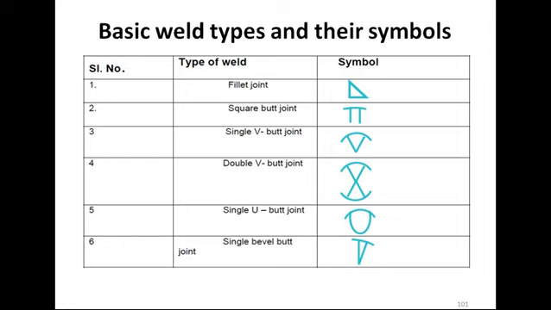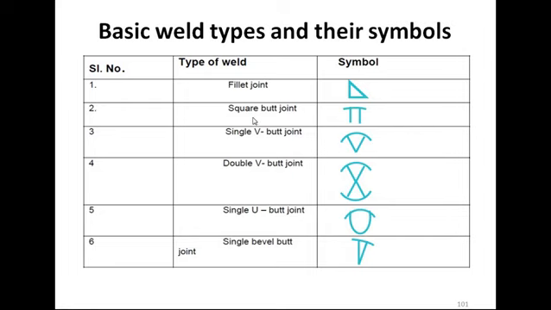According to these symbols, he will observe what type of welding is required. I will just read these. If you want to do a fillet joint, we keep this symbol on your drawing.